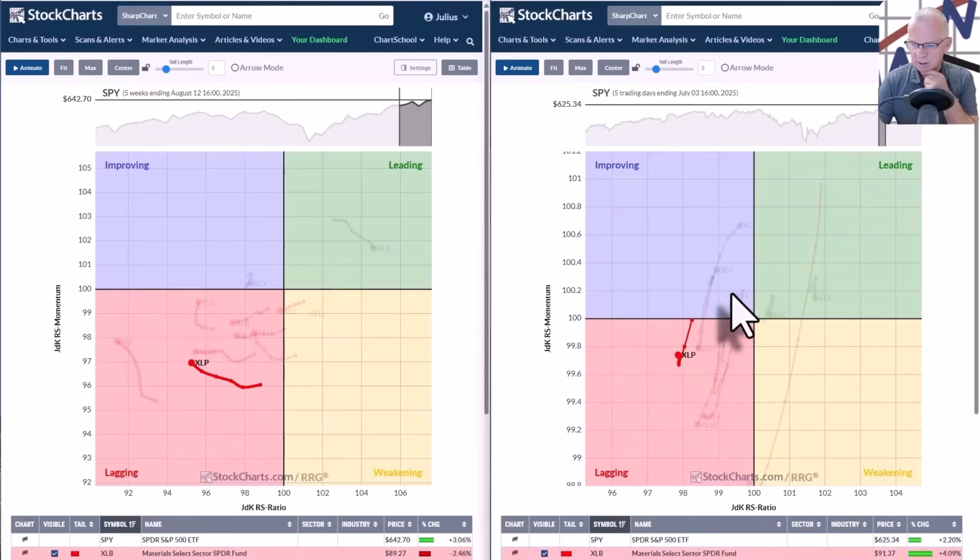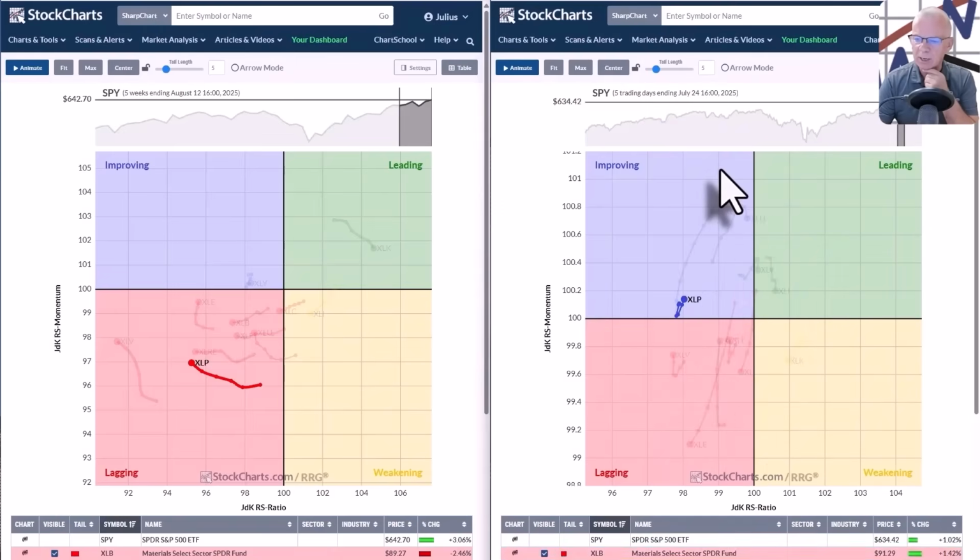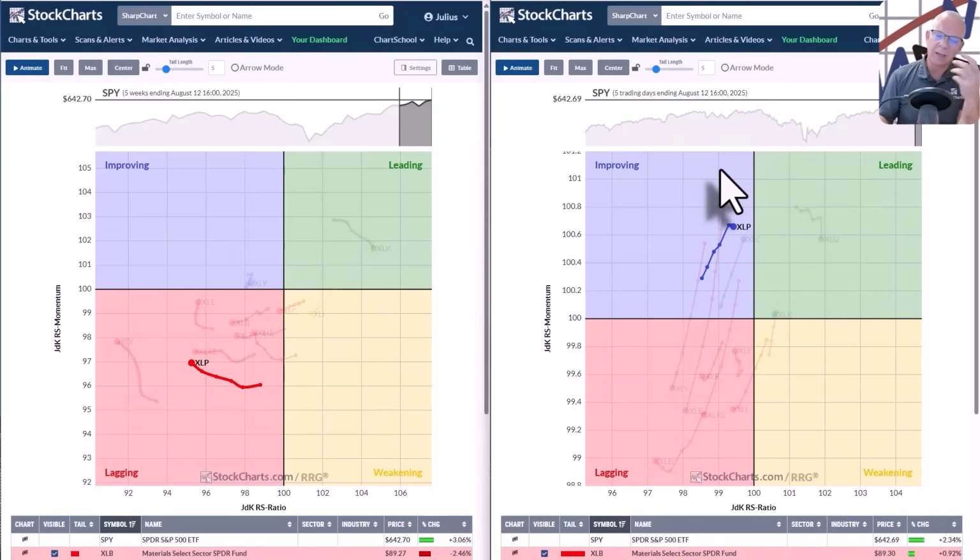So here, what is this? This is July 7. You see the staples tail improving, although not much on the RS ratio scale, but definitely on the momentum scales, it's picking up. And that pickup of momentum is causing this move here.